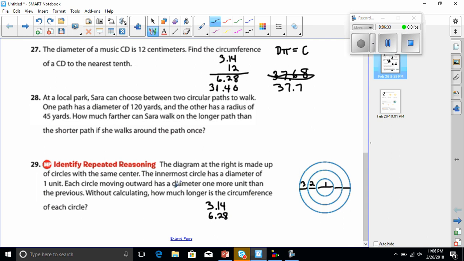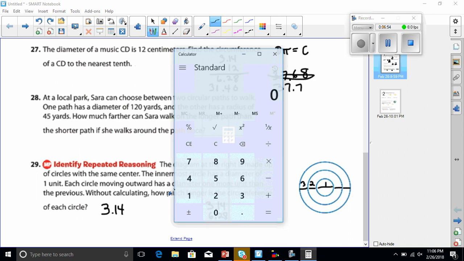And it says how much longer is each one going to be? Well, that tells me for every one that it goes outward, it's going to increase by 3.14. So how much longer is the circumference of each circle? I think I'm just going to put 3.14 pretty safely here. And we can even check with the calculator if you want.